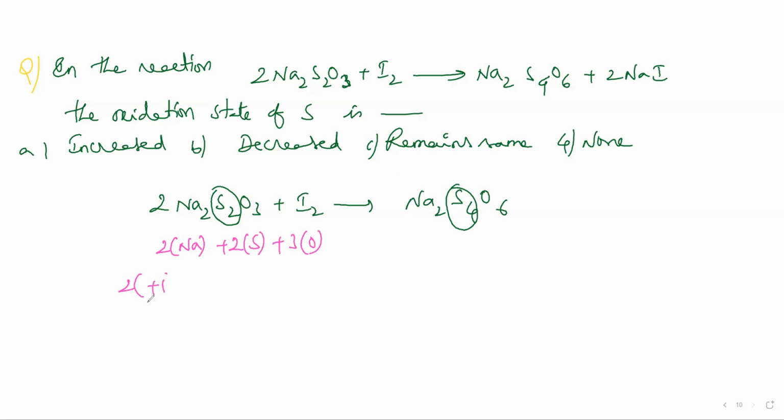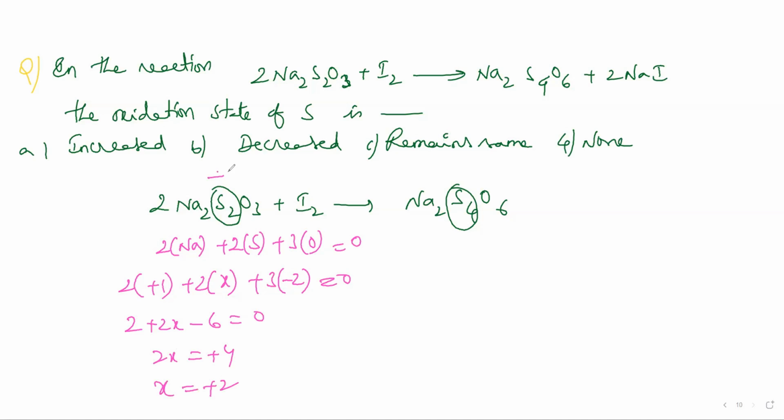Sodium oxidation state is plus 1. Sulfur x. 3 into minus 2 should be equal to 0 because no charge on that molecule. Then 2 plus 2x minus 6 equal to 0. 2x equal to plus 4, x equal to plus 2. So here sulfur oxidation state is plus 2.